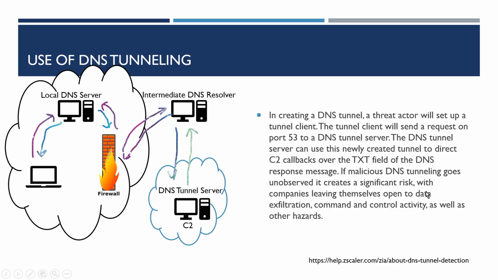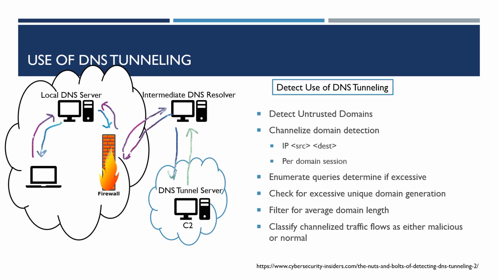And so if this malicious DNS tunneling goes unobserved, obviously we're going to have a great risk, because that means somebody can have a command and control capability, can exfiltrate data even around our firewall or captive host that we have set up. So if you want to detect use of DNS tunneling, there are several things to keep in mind.